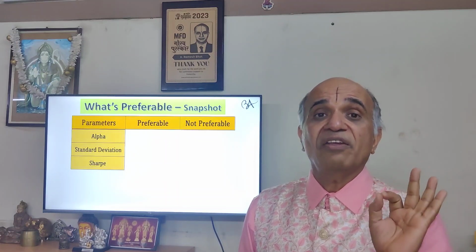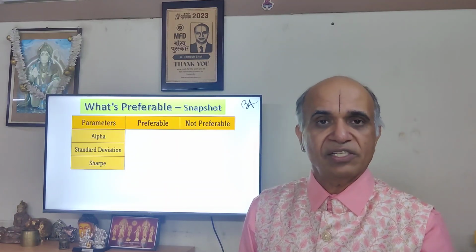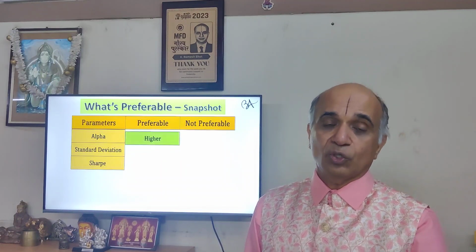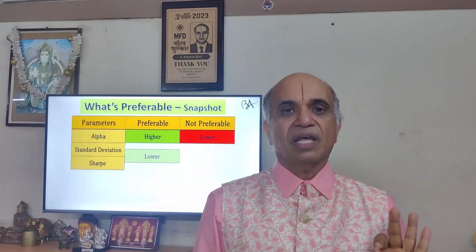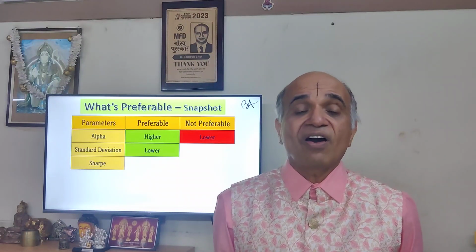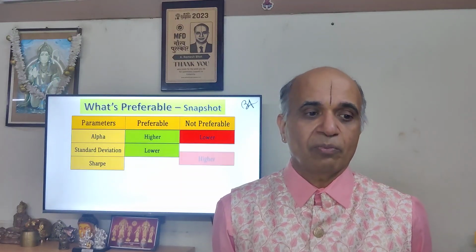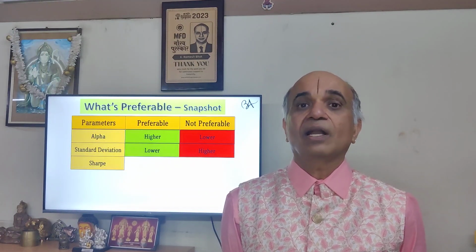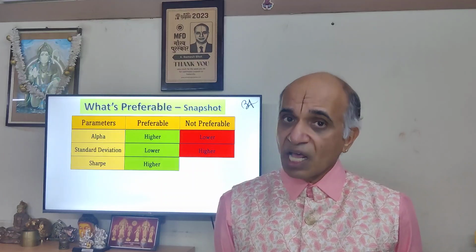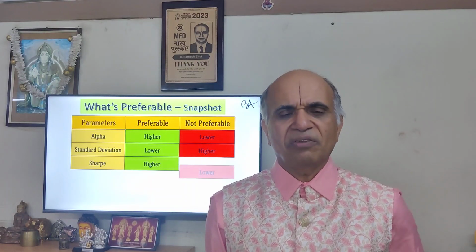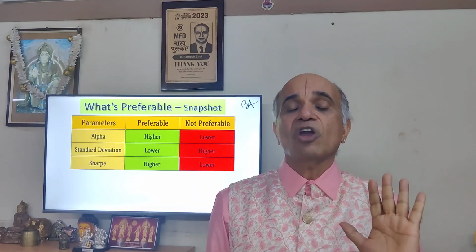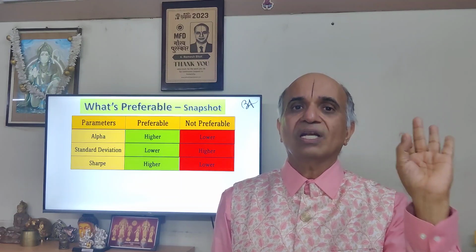This is a very important slide. Please take a picture if you need to understand how it is required. See, if it is alpha, higher is always preferable. If it is standard deviation, lower is preferable. Sharpe ratio, again higher is preferable. These three things you must keep in mind when you advise your clients.